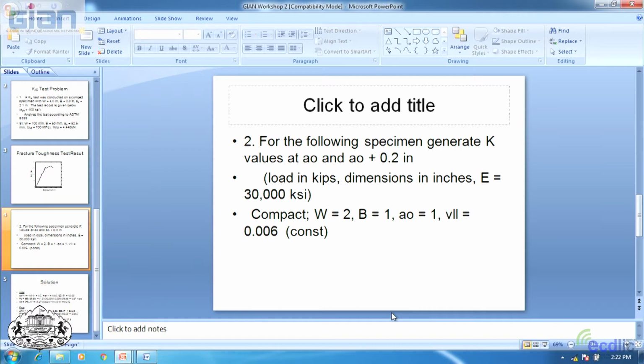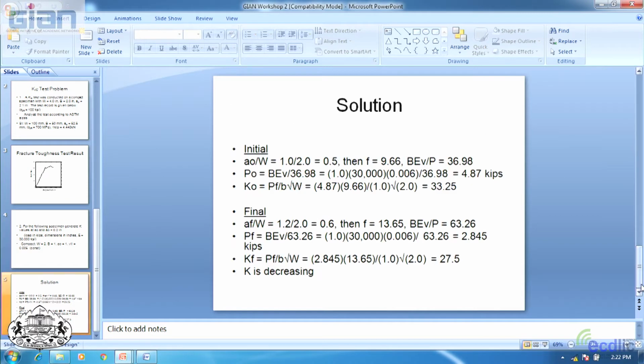Anyway, we want to do this and then let the crack grow a little bit and do it again. So the initial A over W is 1 over 2.5. We know what the F is. You've used that one before. But the BEV over P is 36.98. You have to look that up in the table.